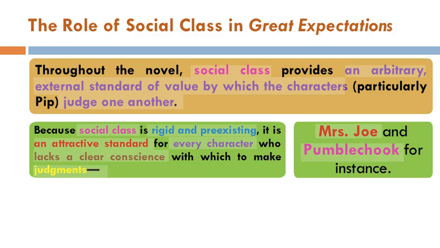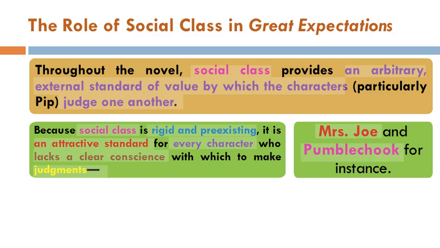So both Mrs. Joe and Pumblechook value people according to their social class. Both of them seek security through power and wealth, and they transfer these values to Pip.